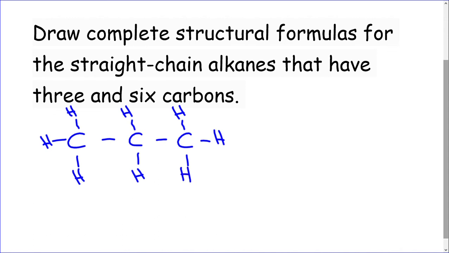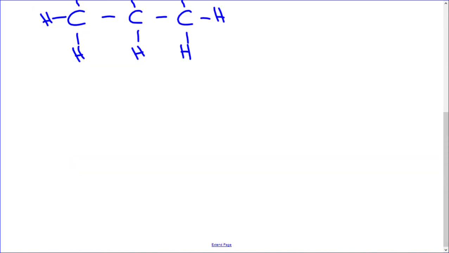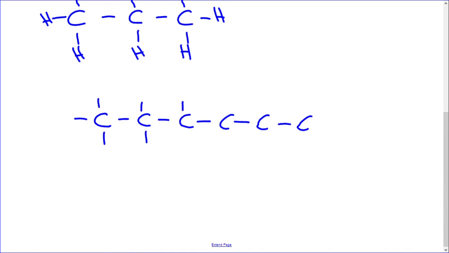And the last one wants it for 6. Well, that's the same thing, just a little bit longer. I start off with my carbons again. Remember, each carbon has those 4 valence electrons, those 4 covalent bonds. So I'm going to have 5 carbon-carbon bonds, and then everything else, to give each carbon a full octet and a full balanced shell, is going to be a hydrogen that I add in.